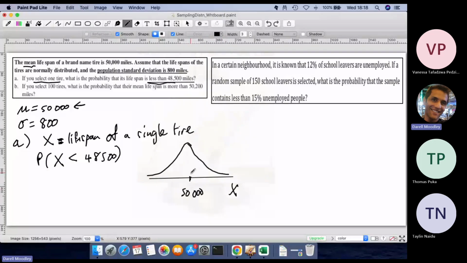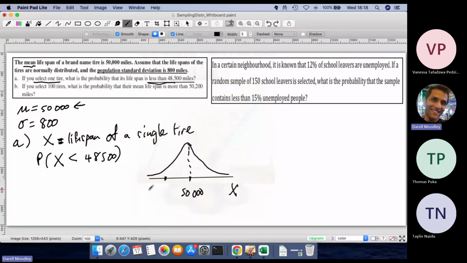They want us to work out the chance that X is less than 48,500. Now, 48,500 is on the left of 50,000 because it's lower. I'll sketch it here. It doesn't have to be accurate. You just need to have an idea whether it's on the left or the right of the center.